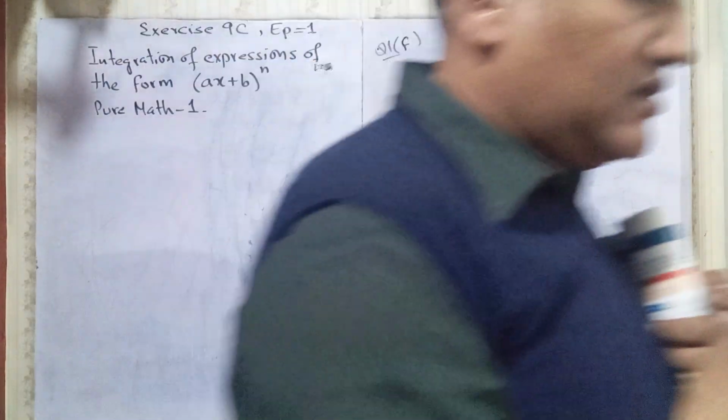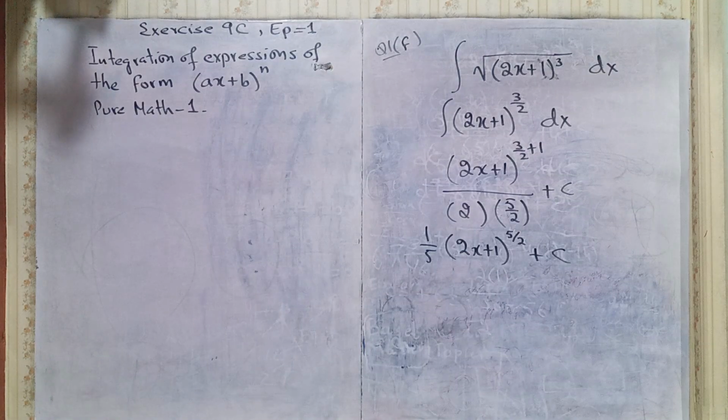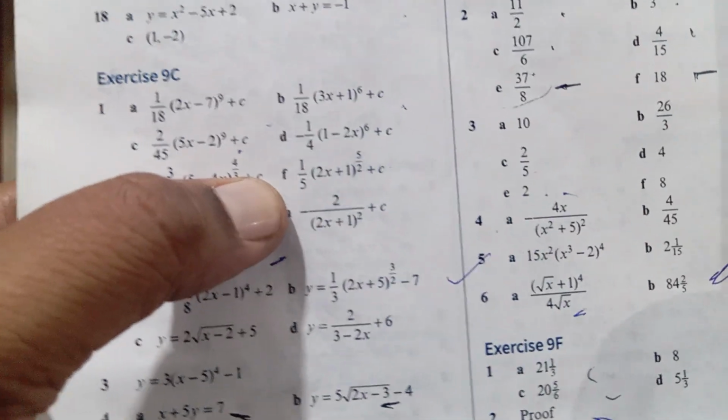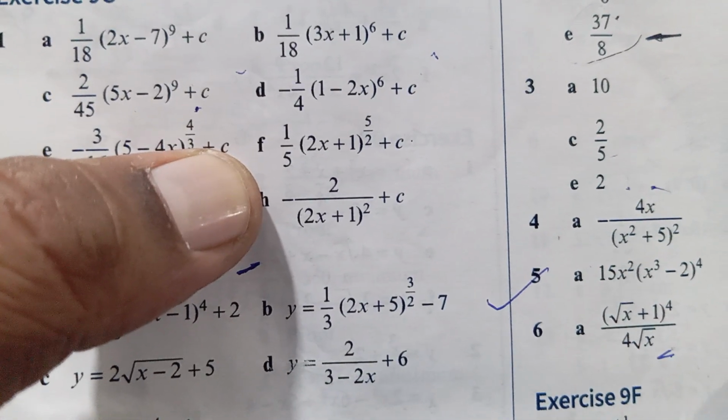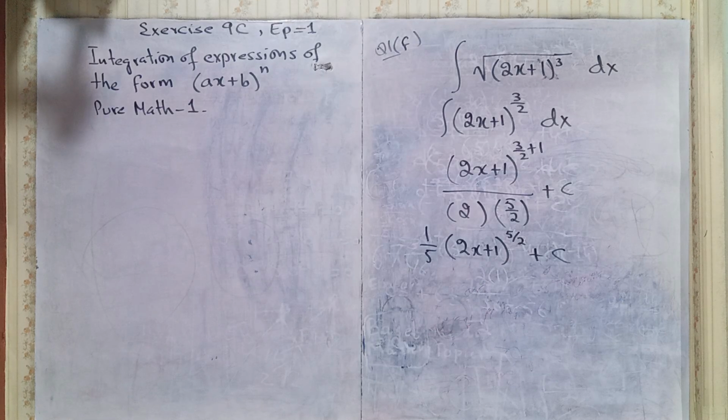So this is the answer, sir, question number 1 and its F part. Let's check. Yeah, the answer is right, sir. Our answer is same. So this is how you will do question number 1 and its F part.